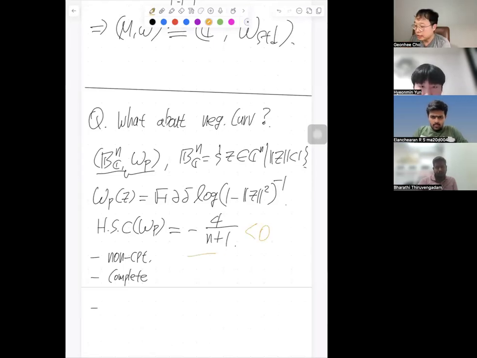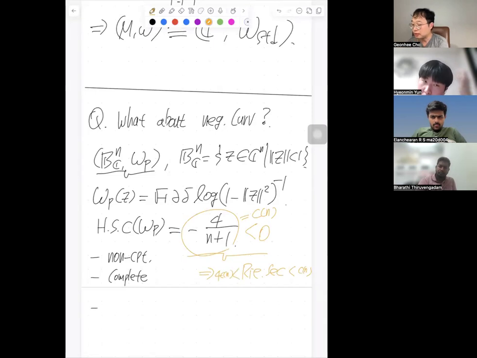And from here, it's not hard to really see that the Riemannian sectional curvature is, if I just call it by a constant C_n depending on n, between C_n and 4 times C_n. This is also a fact. So the Riemannian sectional curvature is not constant.